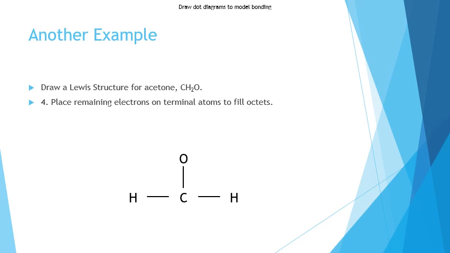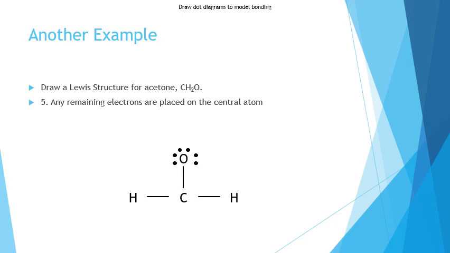The oxygen, however, will need 3 more pairs in order to fill its octet. If I put 3 pairs there, it now has the 6 electrons for itself, plus the 1 pair that it's sharing, so the 2 electrons there for a total of 8. So that's all 3 of my lone pairs that are left over. So I have no more pairs remaining.